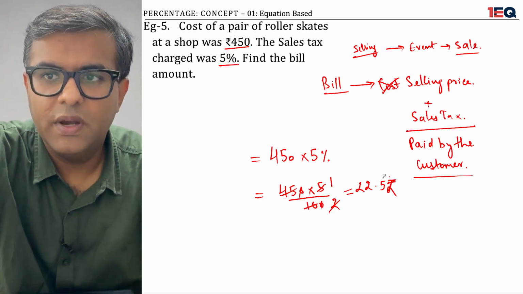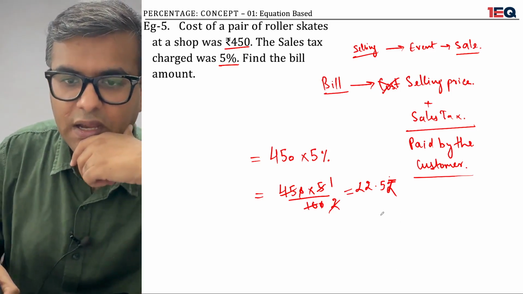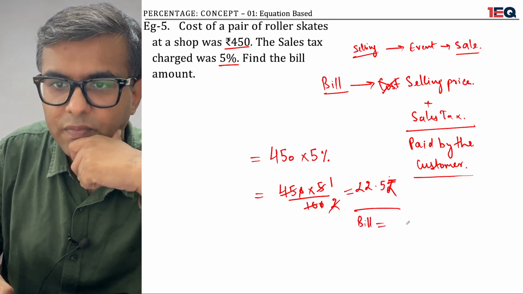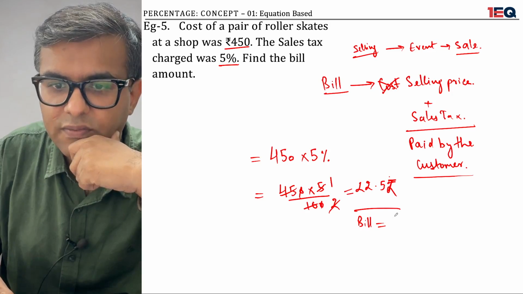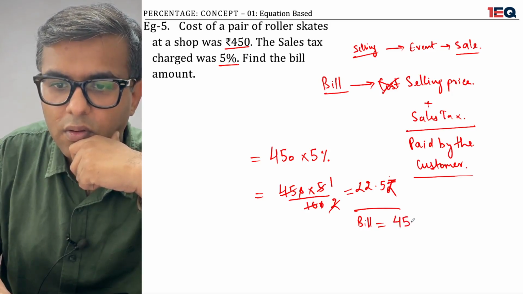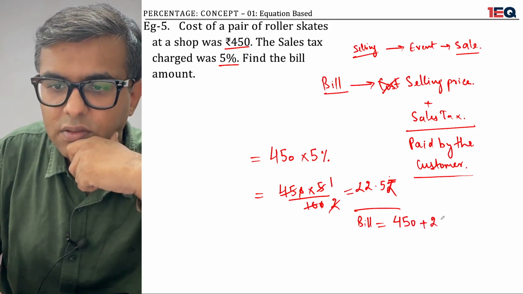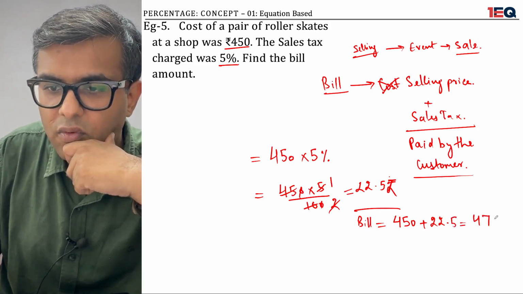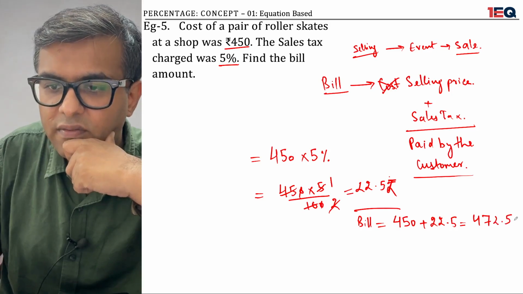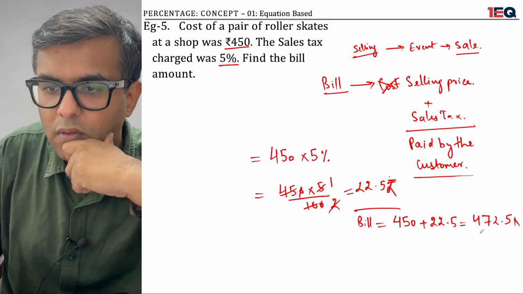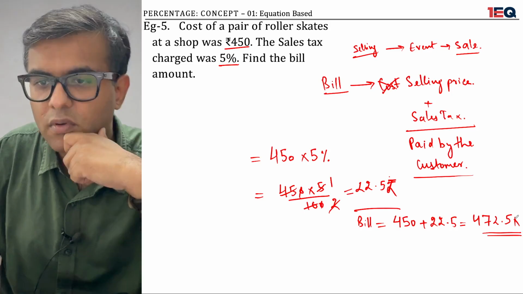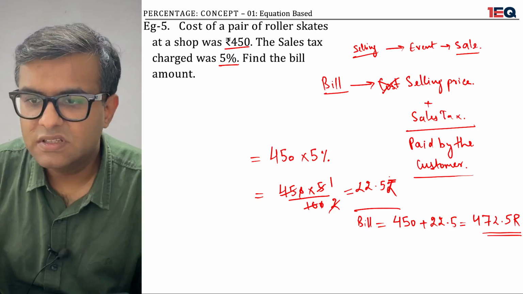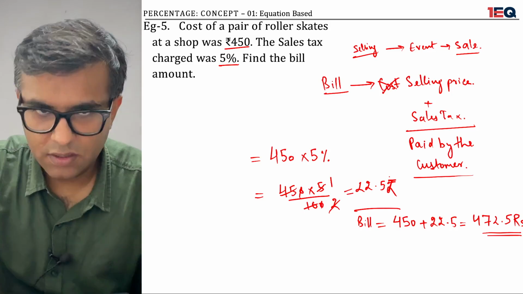This amount of 22.5 rupees would be added in the total bill, and the bill is 450 plus 22.5, which makes it 472.5 rupees. Did you get it? Did you understand what I'm talking about? So this is pretty much it. We'll be covering more questions in the upcoming video.